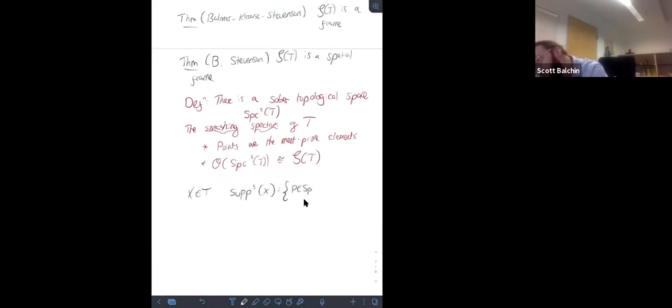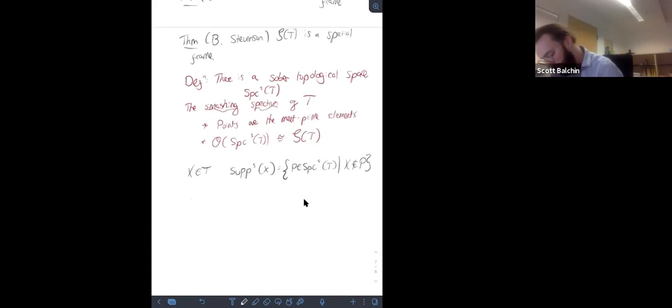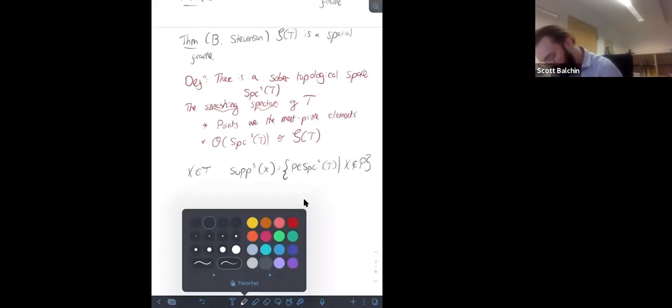These are just those prime elements where X is not in P. So this is the native support theory. For those of you who know about the story, there's also support in the style of Balmer-Favi. We define this. So a more nuanced support, but this one is fine for now.